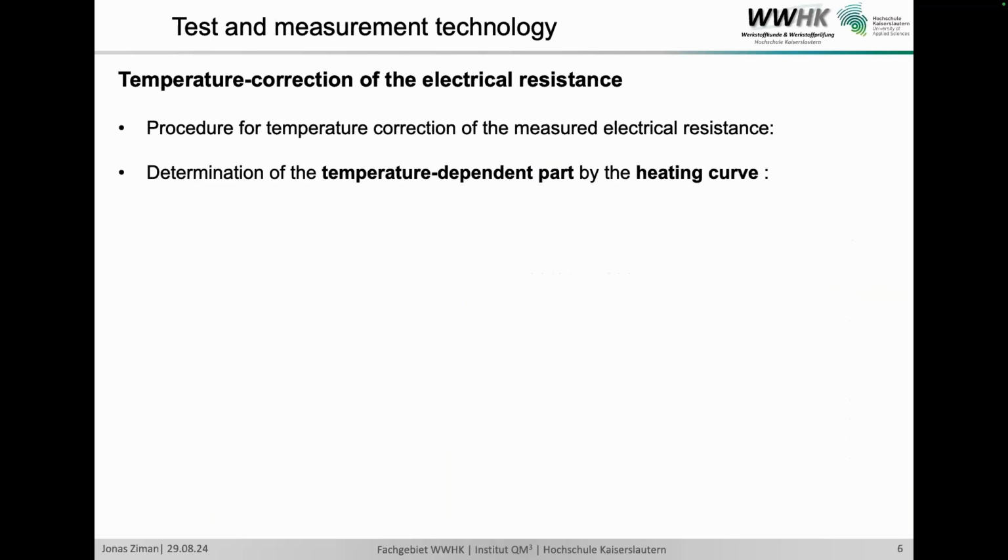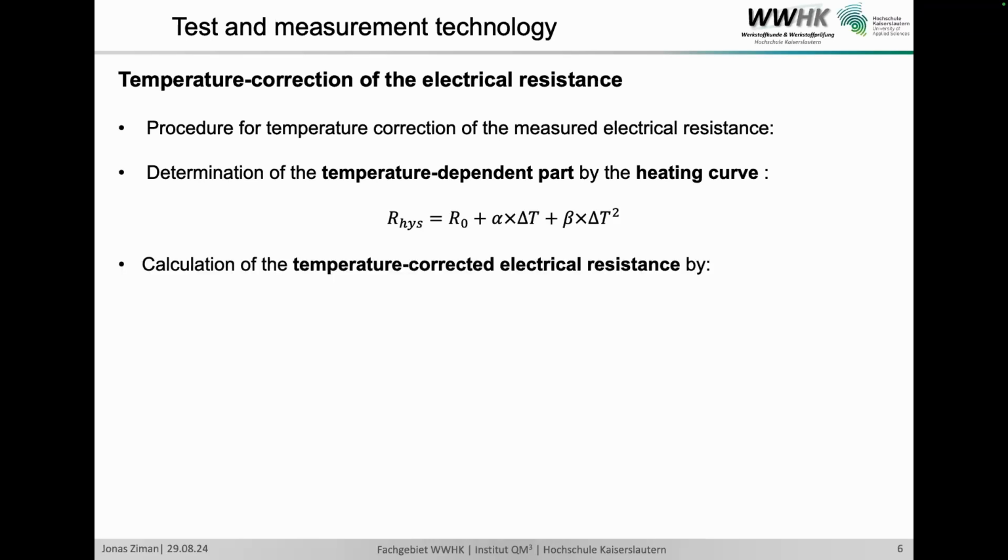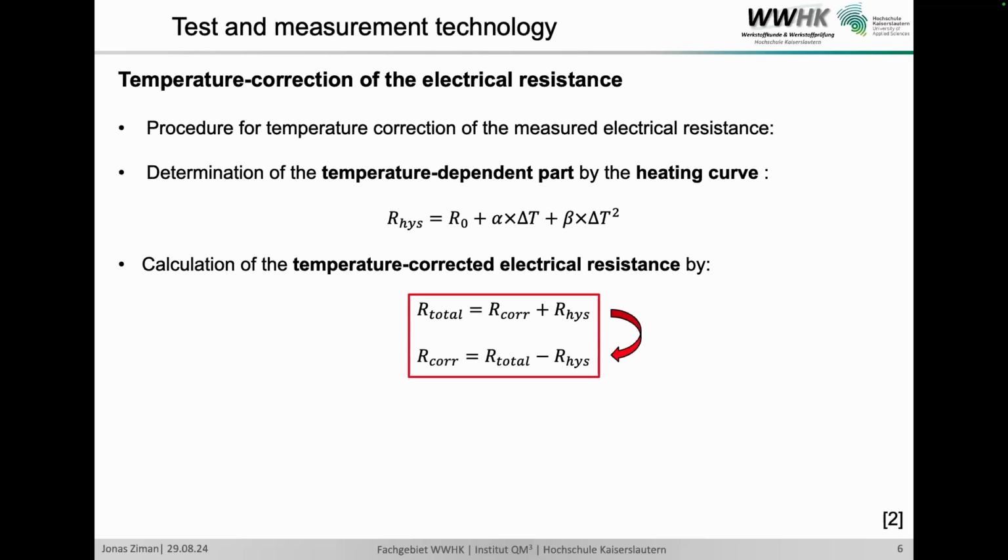So with the setup, we can determine the temperature-dependent part of this heating curve according to this equation. And with that, we can calculate the temperature-corrected electrical resistance. We say that the total electrical resistance consists of this temperature-dependent part and the temperature-independent part. And so we can calculate the temperature-independent part.